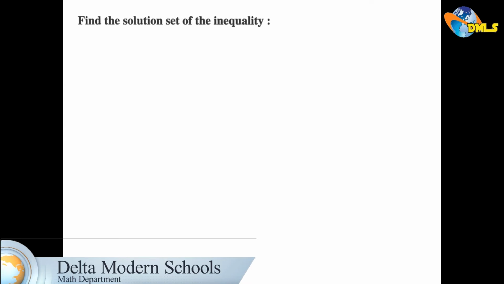Exercises. Find the solution set of the inequality. X plus 2 is less than 5, where number 1, x belongs to Z, and number 2, x belongs to natural numbers.